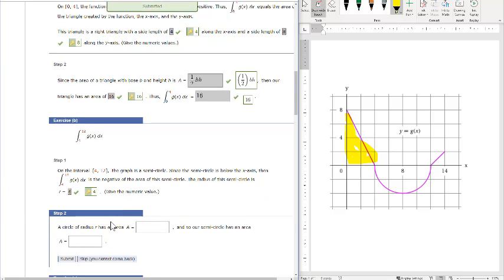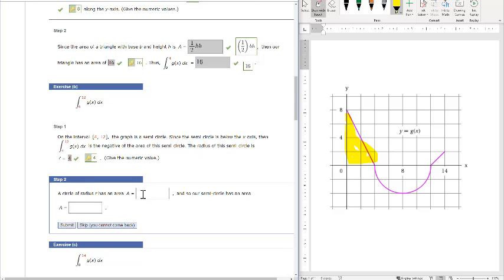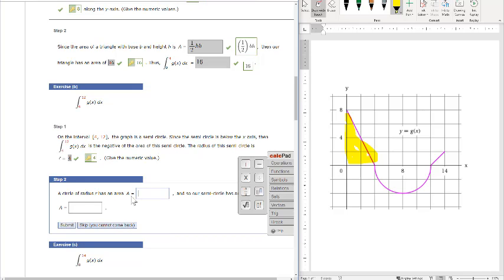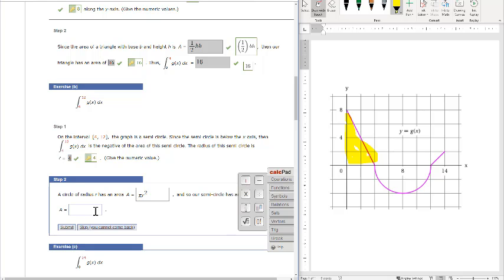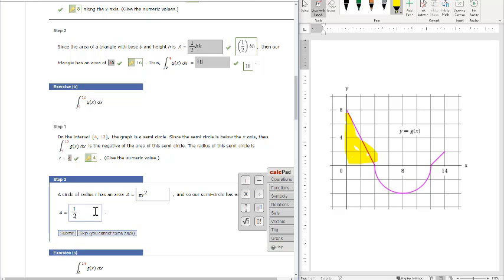The area of a whole circle is pi r squared. So the area of our semicircle is going to be half of that. And so we'll just say 1/2 times pi r squared.